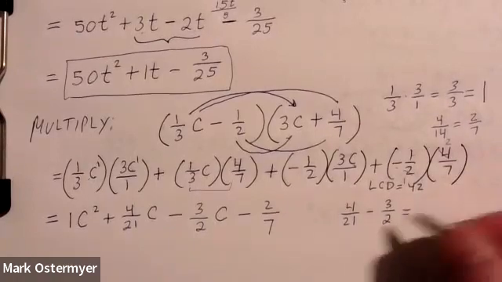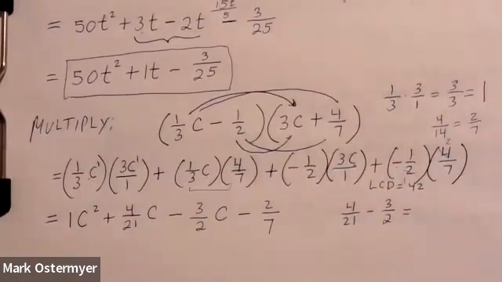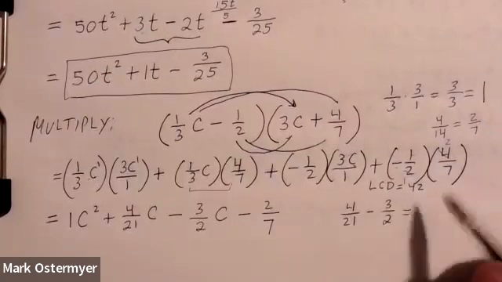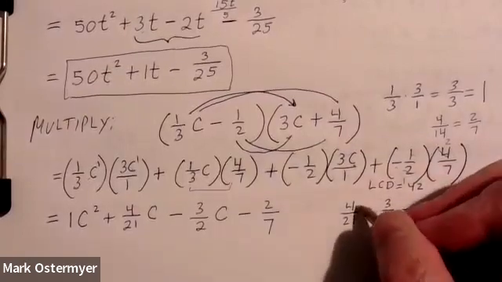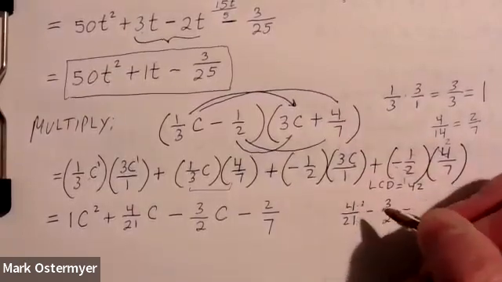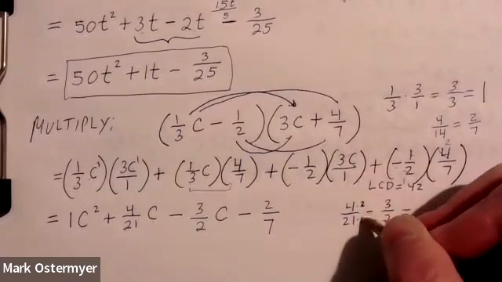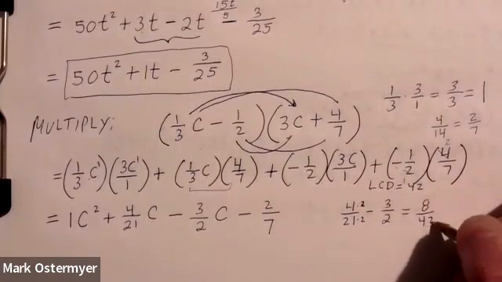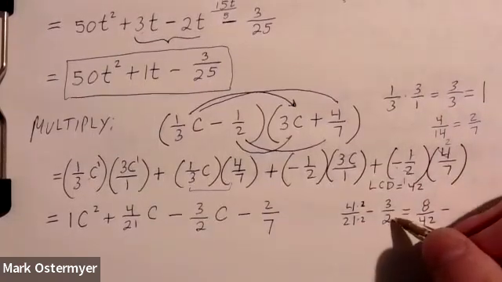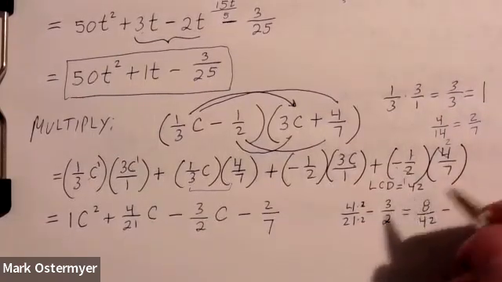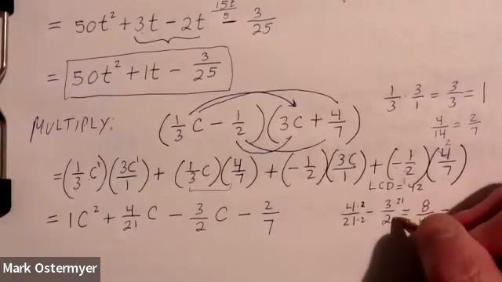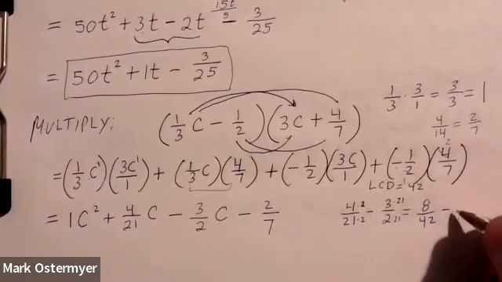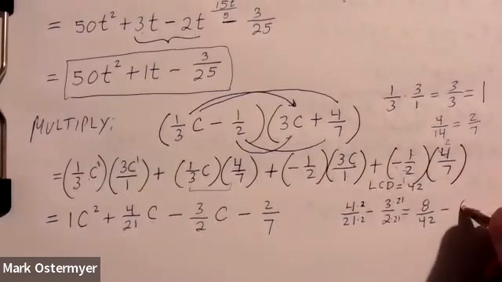Being the case, I have to build both these fractions up into equivalent fractions that both take on the denominator of 42. That means 4 over 21 gets multiplied by 2 over 2 to give me the equivalent fraction of 8 over 42. 3/2 has to be multiplied by 21 over 21 to build it up into an equivalent fraction of 63 over 42.